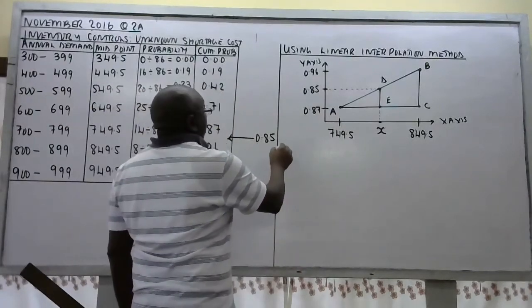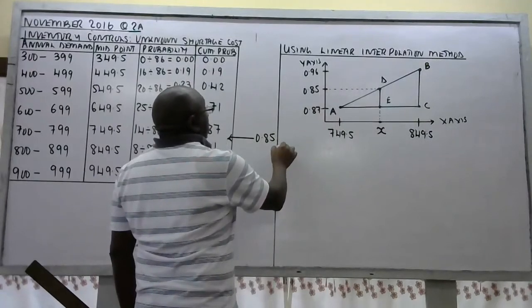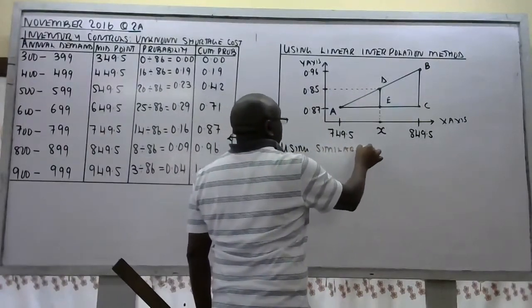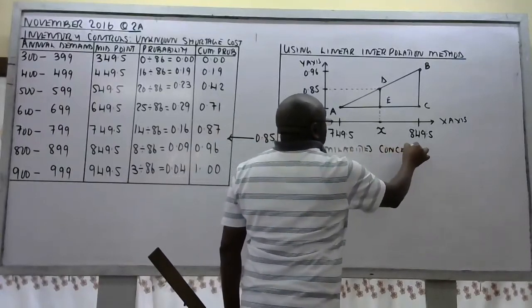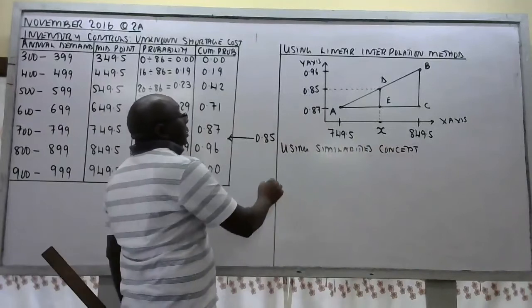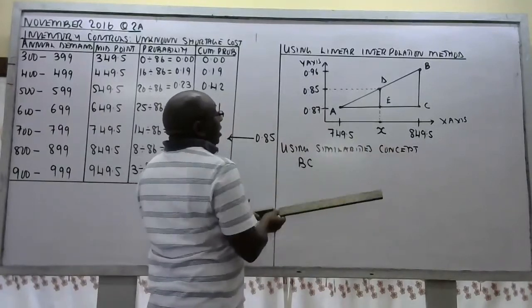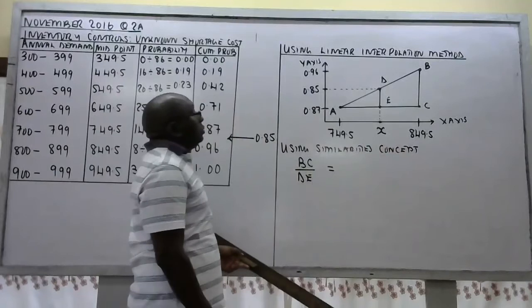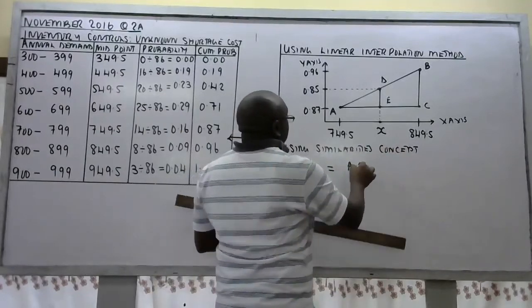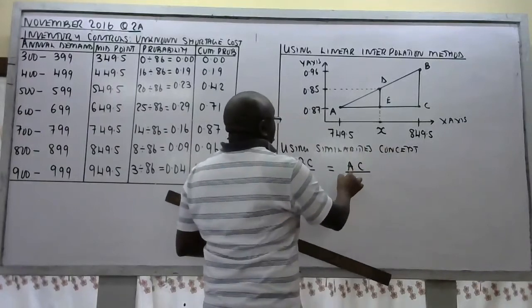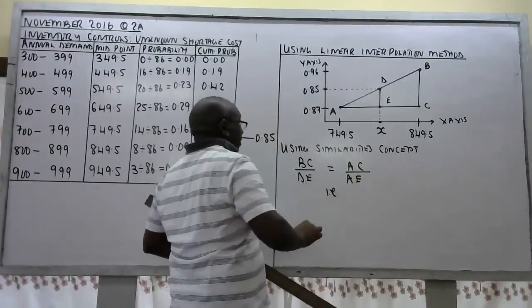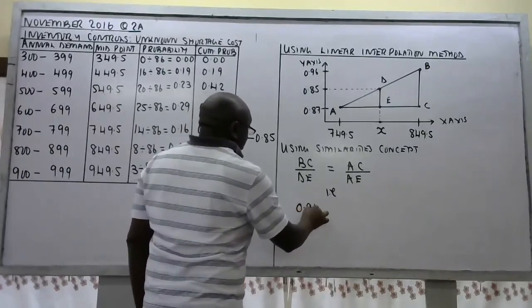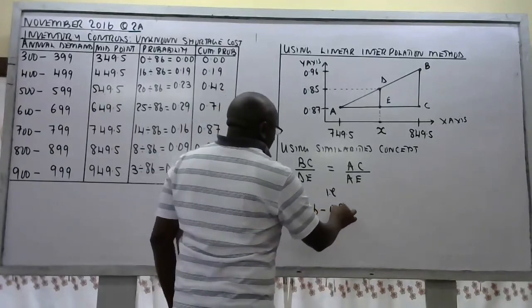Now you will say, using similarity concepts, if I get BC, I divide by BE, it should be equal to AC divided by AE. That is 0.96 minus 0.87.